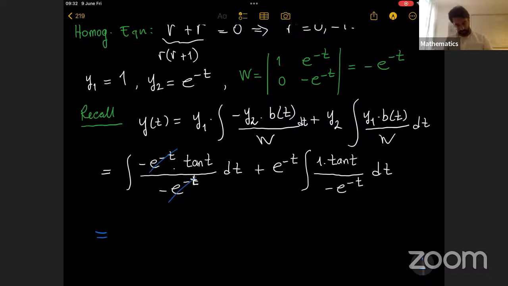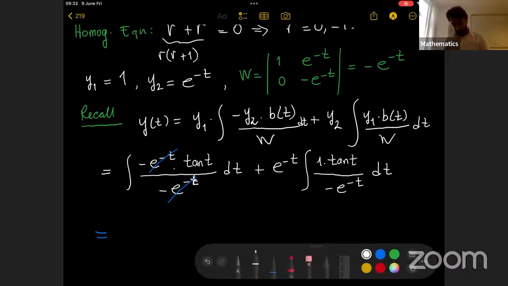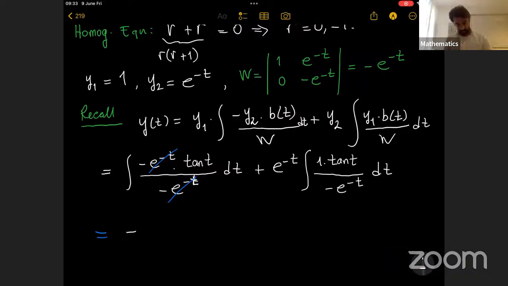Cancel out. So we have tangent t. Tangent is sine over cosine. So it's gonna be minus ln cosine t, I guess, right? Plus C1, okay, plus the first one.